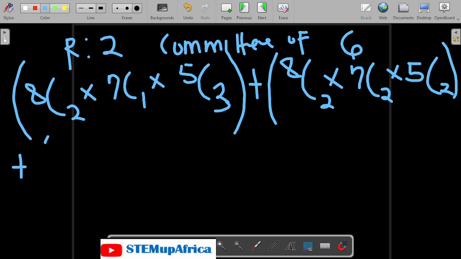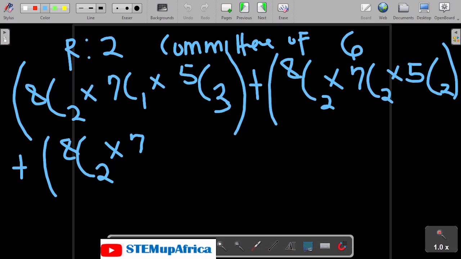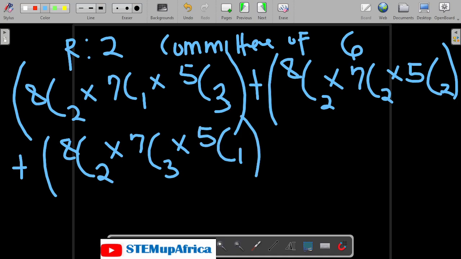Or it could be 8 combination 2 times, I'm now selecting 3 midfielders this time, 7 combination 3 times 5 combination 1. So these are the possible ways the selection can be made.